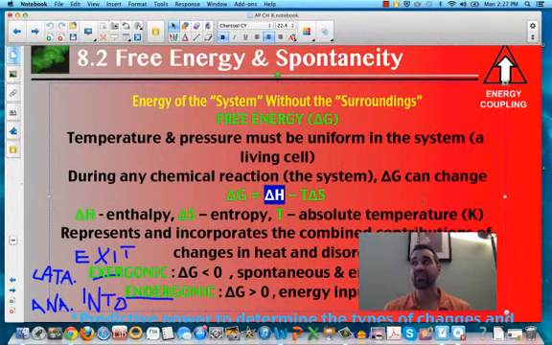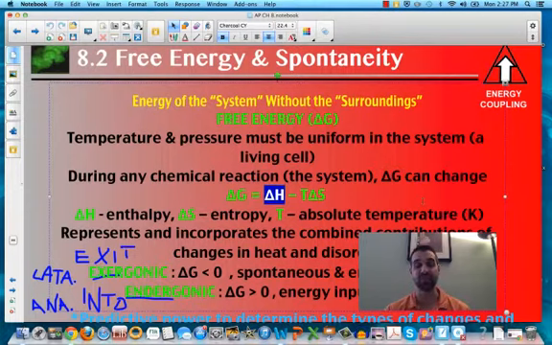Any reaction that requires an input of energy is going to be referred to as endergonic. These are going to be the anabolic processes that we've been talking about, where energy is put into the reaction. So energy input is needed. So real quick and real simple, an exergonic reaction will release energy. It's a catabolic reaction.